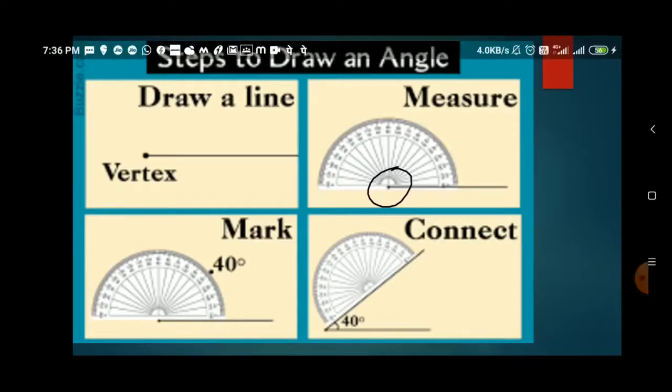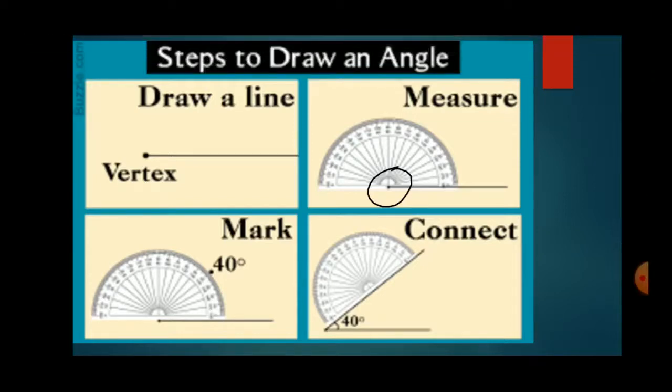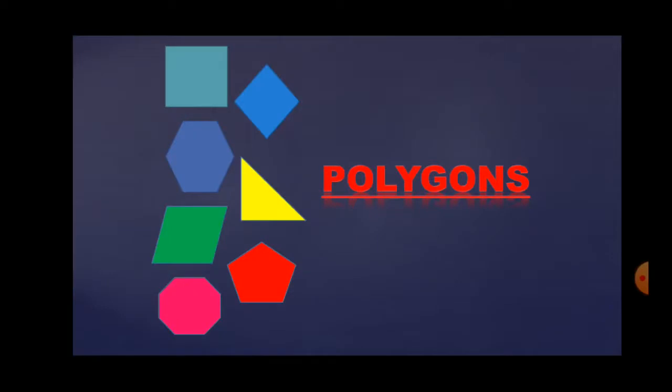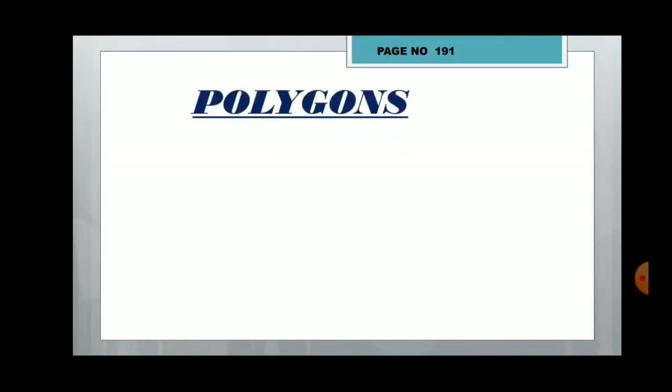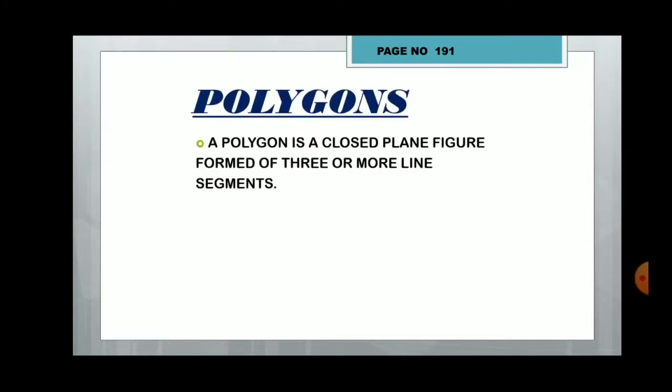Now, let's discuss the other topic of geometry, which is polygons. A polygon is a closed plane figure formed of 3 or more line segments. This triangle is made up of 3 line segments and it is a closed figure, so it is a polygon.